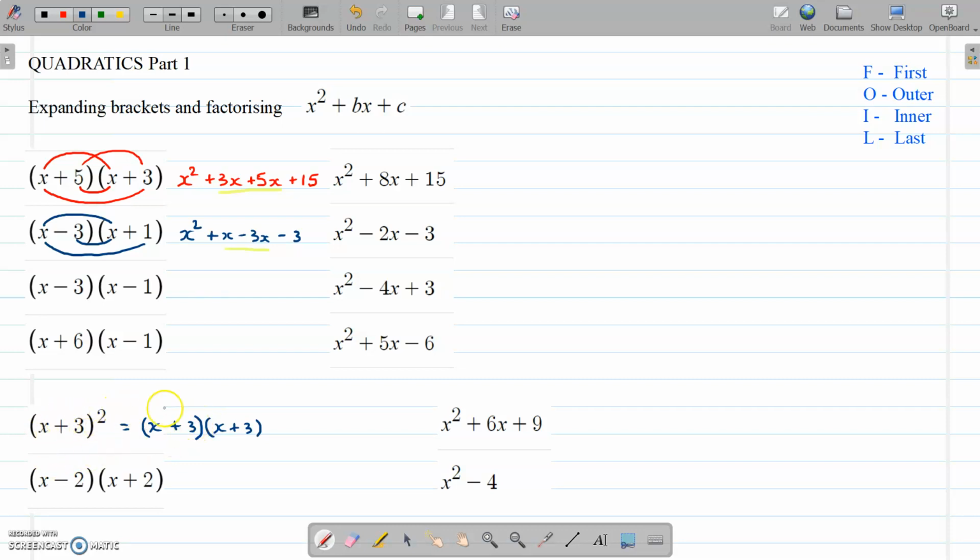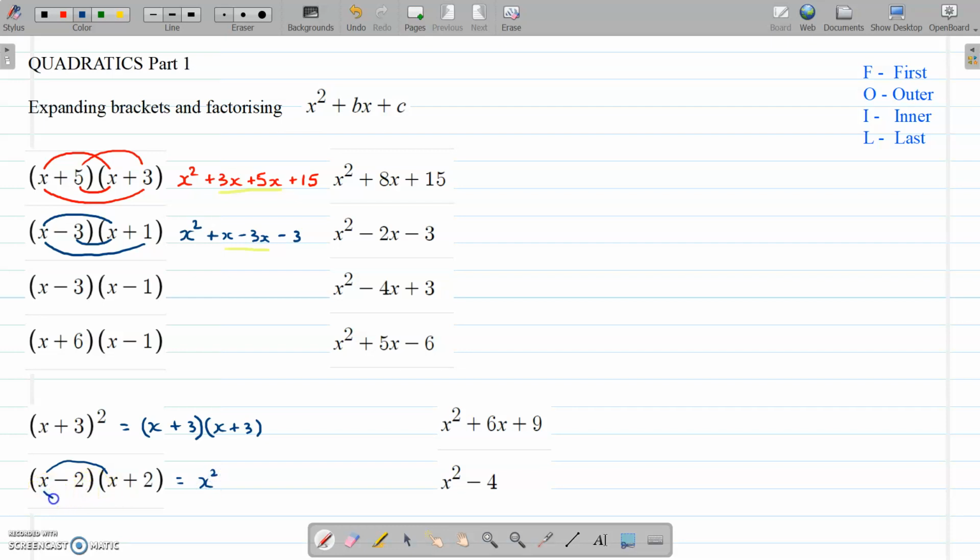Okay, that is called a perfect square because it's a single entity that has been squared. Now this is the other special case, and this is when you have x minus a number multiplied by x plus the same number. What happens here when you expand it out using FOIL is your first term is x squared, as you would expect.